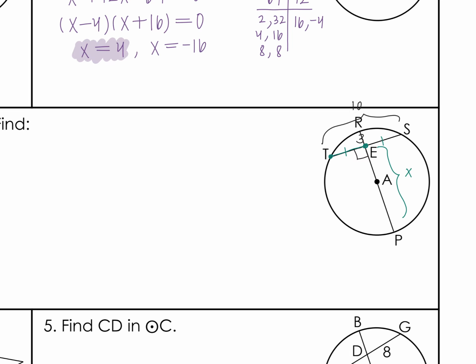And so I'm going to have 3 times x is going to be equal to 5 times 5. So my 3x is going to be equal to 25. And therefore, when I divide, I get x is equal to 25 over 3.